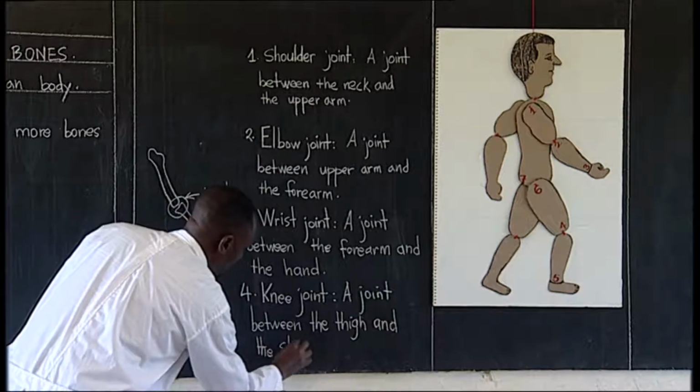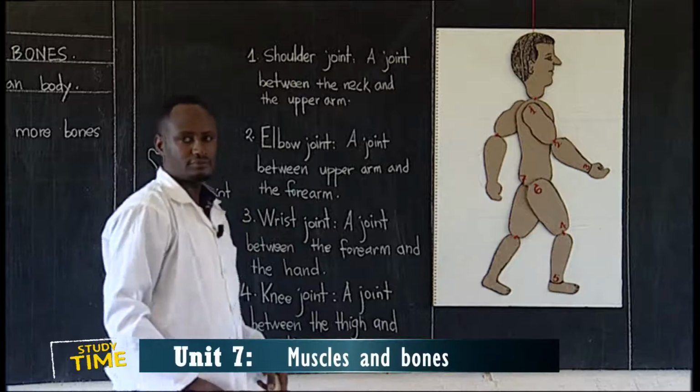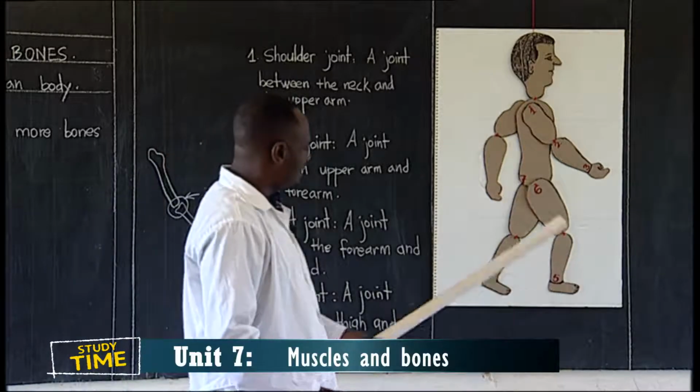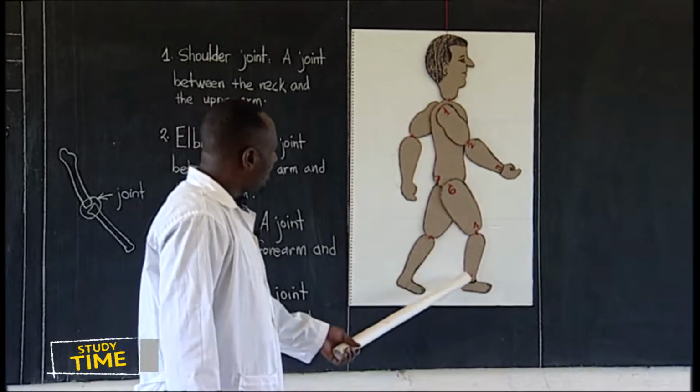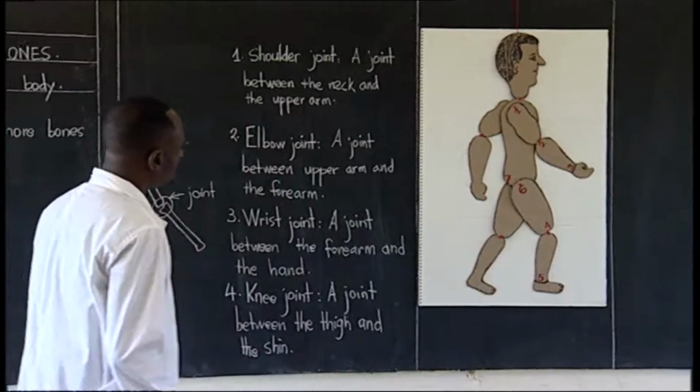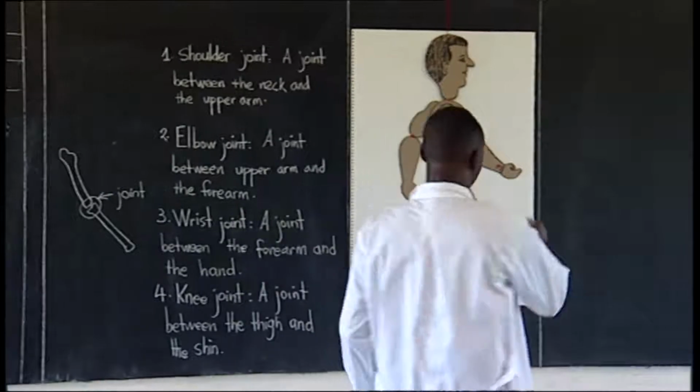That's how we can write the shin. Yes, that is the knee joint. Number 5, we have number 5 here.